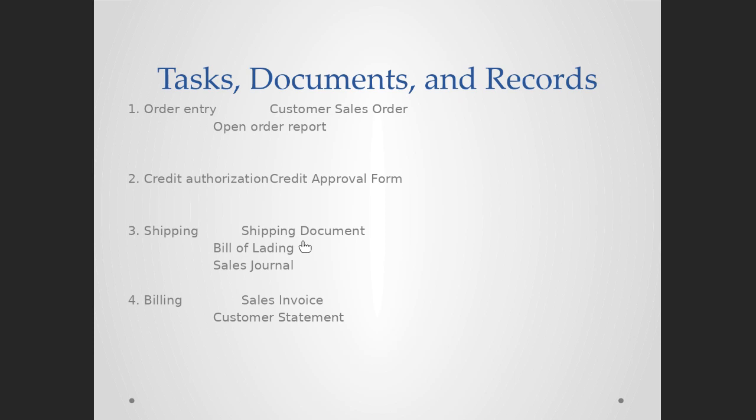If something happens during the shipment, then the shipping company is responsible. The seller is no longer responsible. So this bill of lading is the contract between the seller and the shipping company. Who's going to pay for the shipment? It depends on what the terms and conditions are.